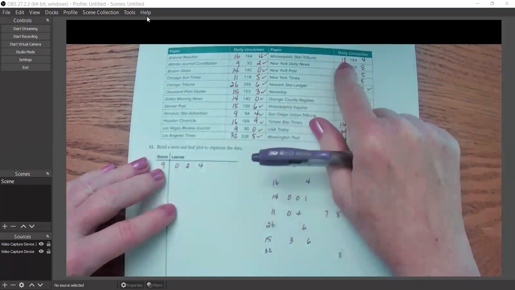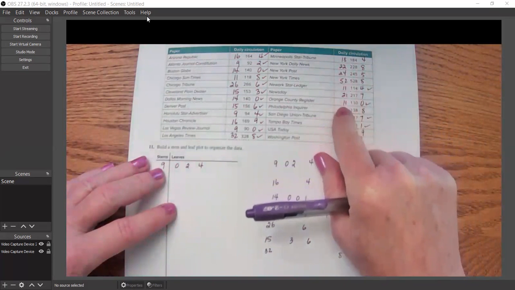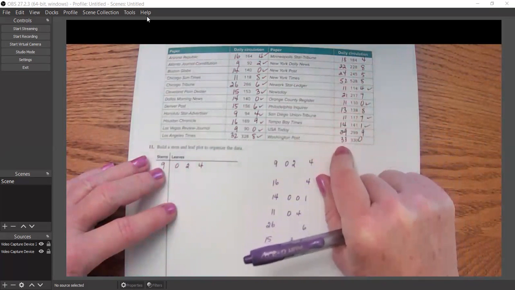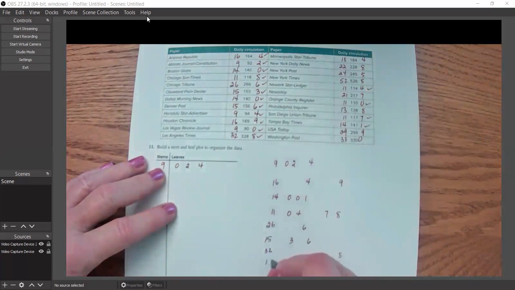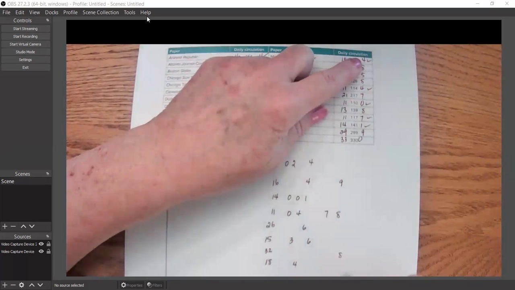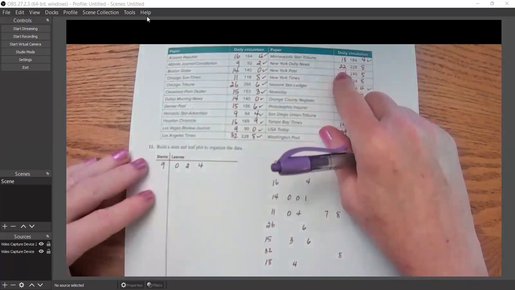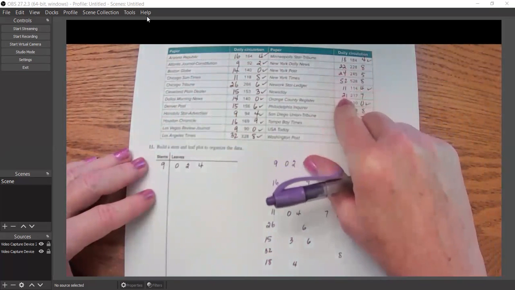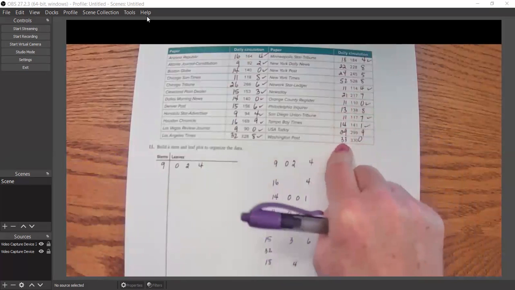Any other 32s? Nope. Here's a stem of 18, leaf of 4. So any other 18s? I only have to look in the second column. No other 18s.